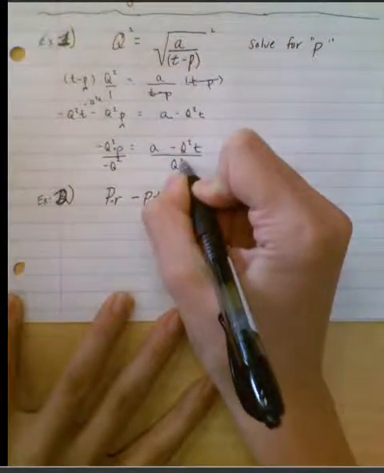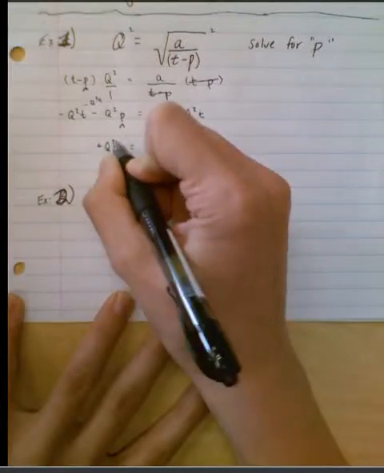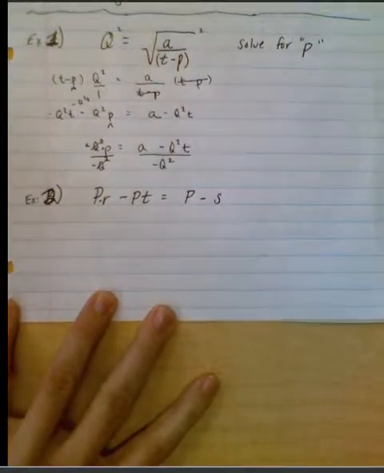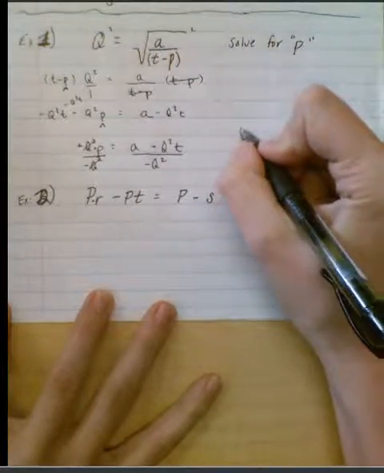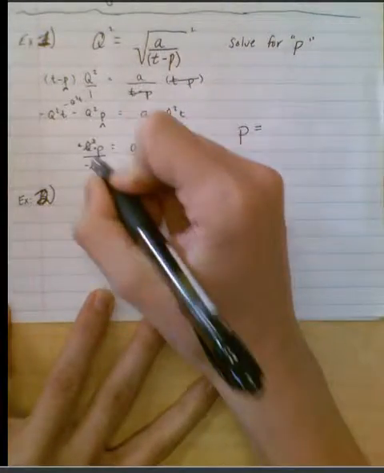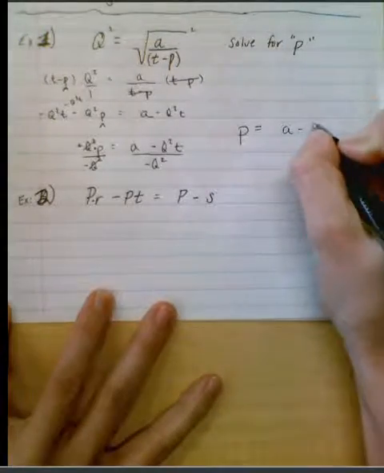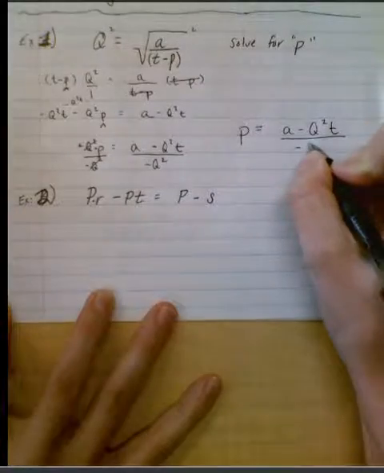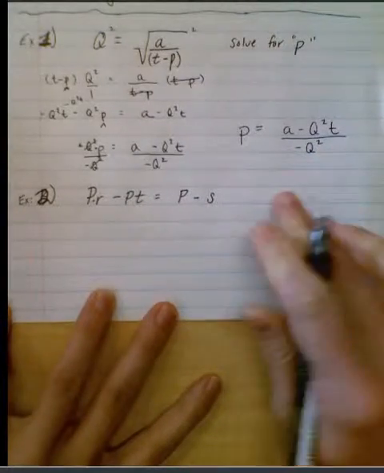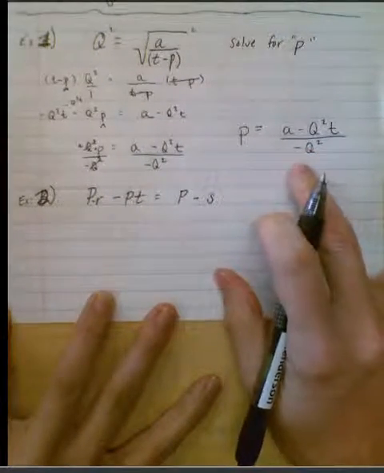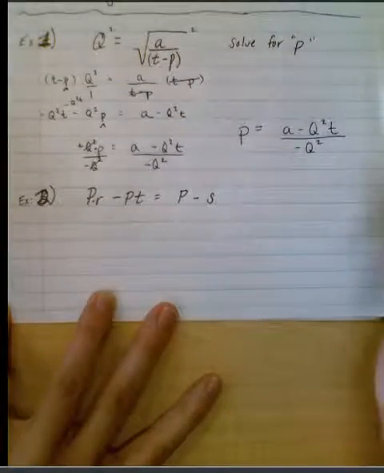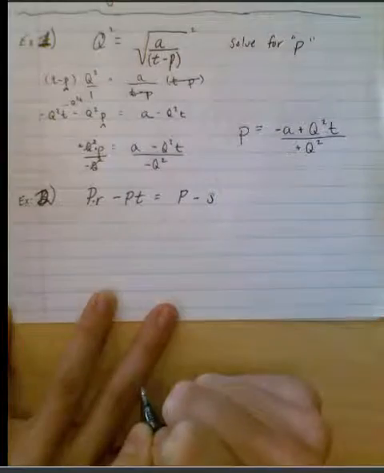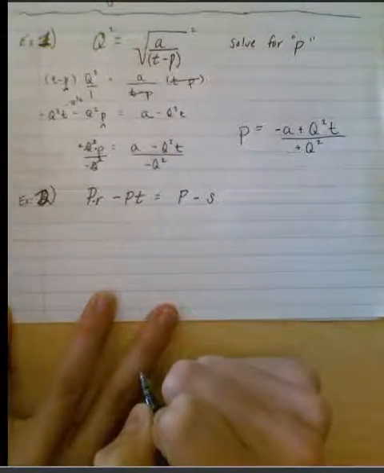So negative q squared over negative q squared is 1, and I'm left with p. So if I wanted to solve for p, I would say that p is worth a minus q squared t all over negative q squared. Somebody in some of the problems last week didn't like having a negative in the denominator, so I'll change this to positive and these to their opposite values as well. So we'll just make everything its opposite value.